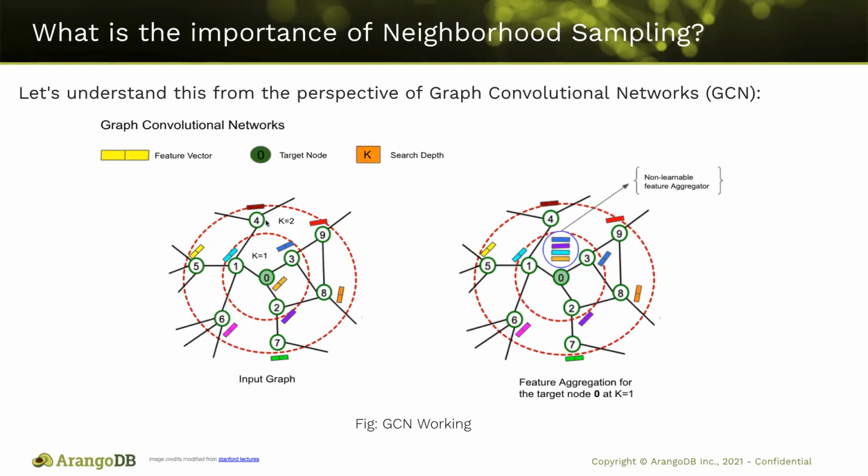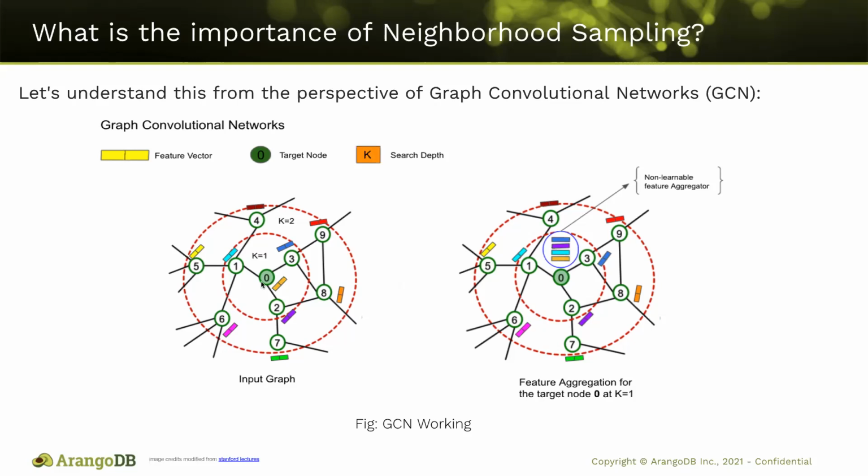So we start by defining a search depth K, which informs the algorithm up to what depth it should gather the information from the neighborhood of a target node.